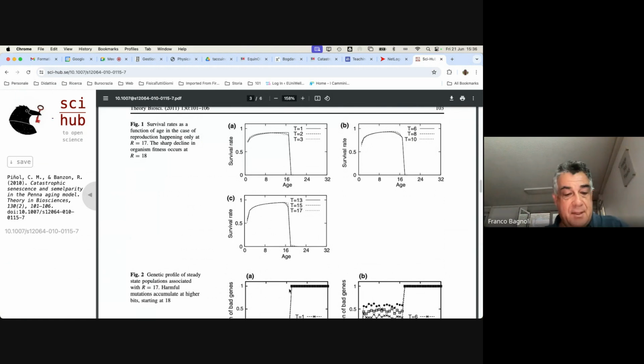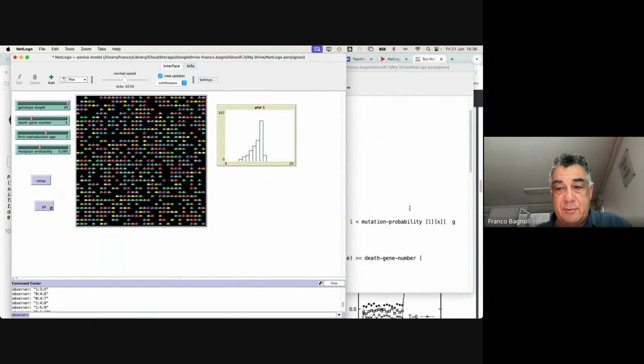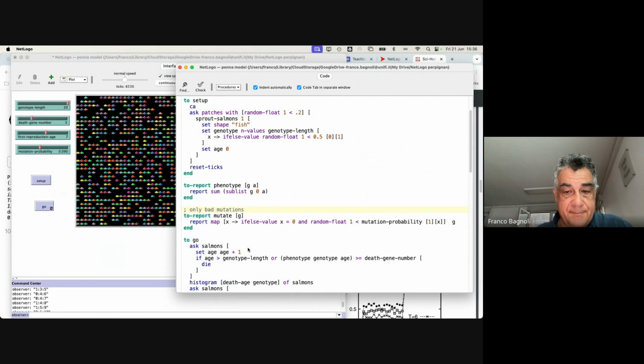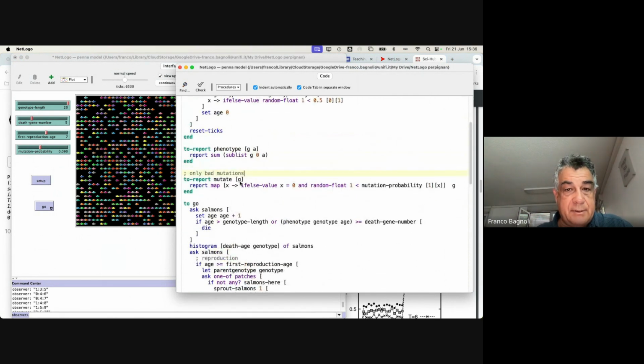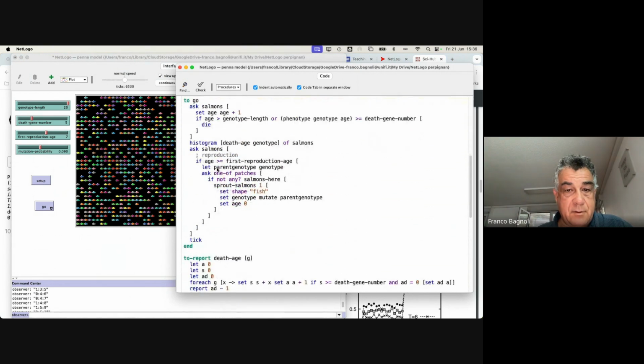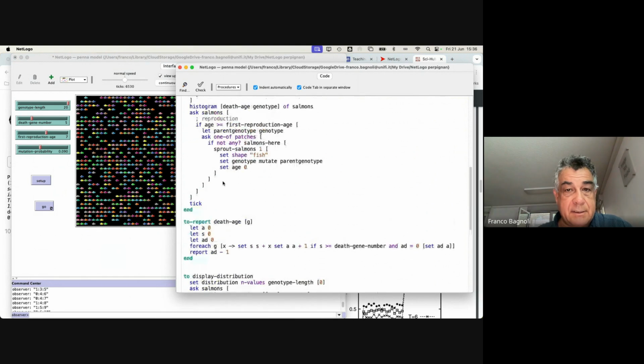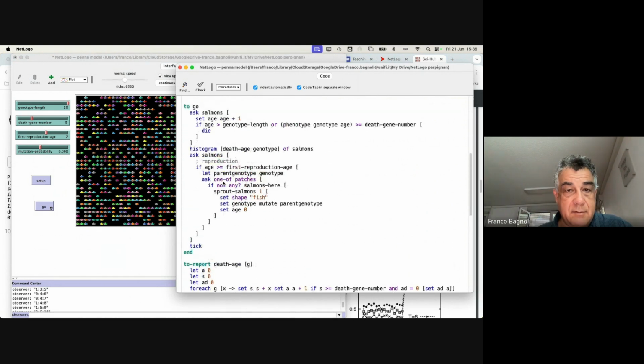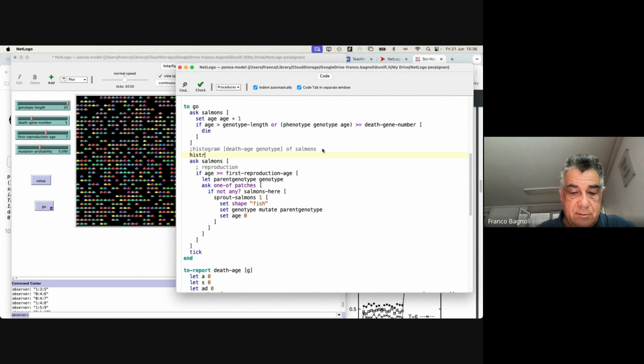Let's see what happens if we plot instead of this. We plot the population age. Where is here? Instead of this, we can histogram age of salmons.